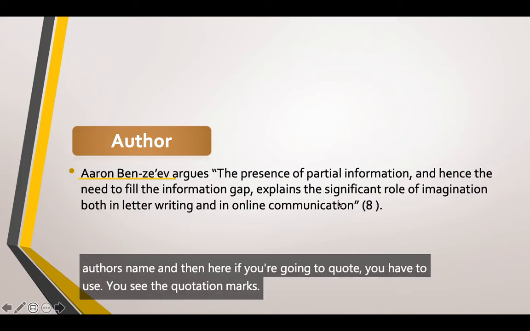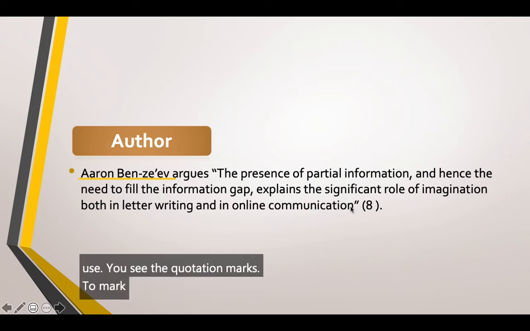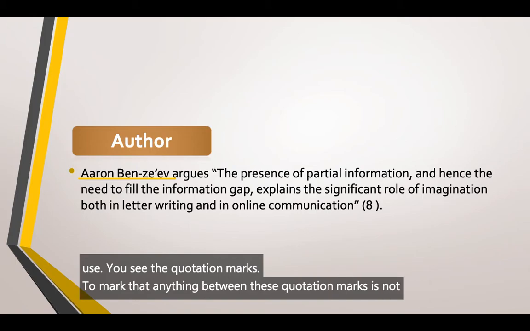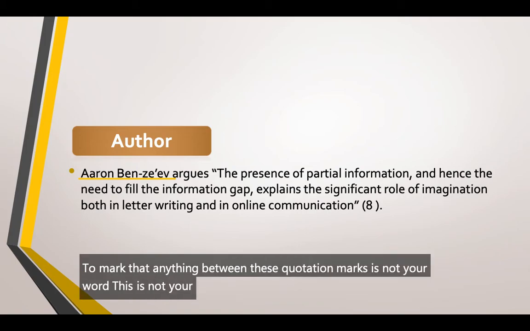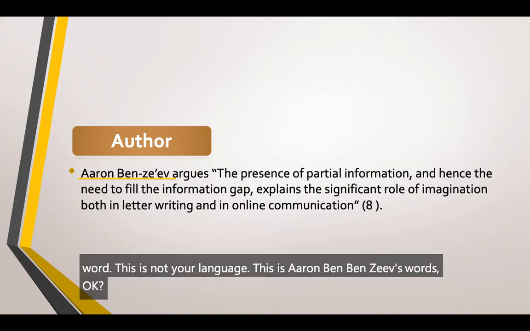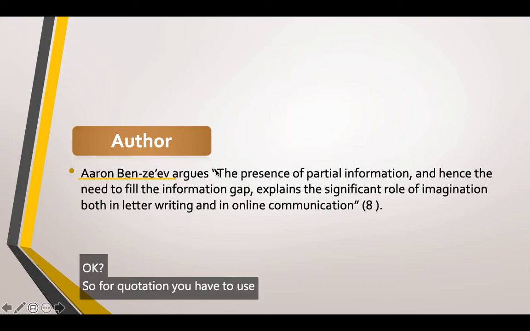And then here, if you're going to quote, you have to use the quotation marks to mark that anything between them is not your word. This is not your language. This is Aaron Ben Zeev's words, okay? So for a quotation, you have to use these quotation marks at the beginning and end.